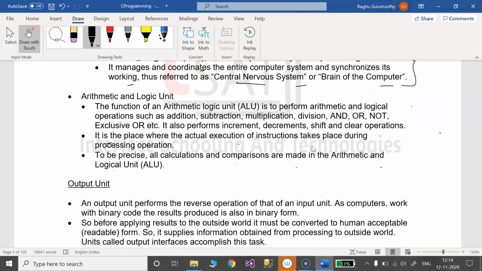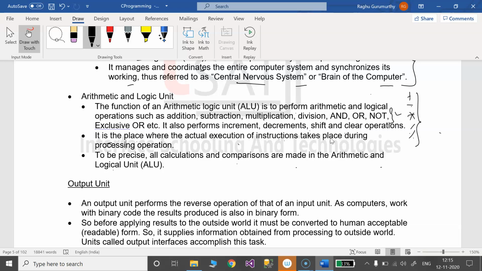See, some arithmetic and logical operations are carried out in this unit, that is the arithmetic and logic unit. Arithmetic operations, as you know, are addition, subtraction, multiplication, division, followed by remainder. Along with that, we have some logical operations: and, or, not.